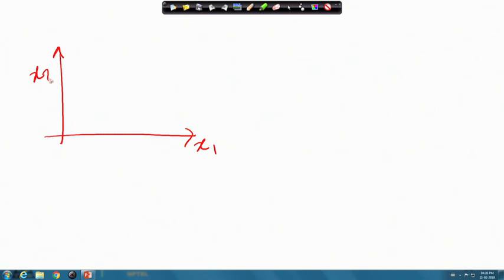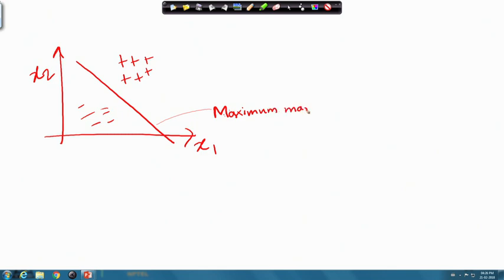What we did previously, coming back to the same figure, was to find a maximum margin separating hyperplane.